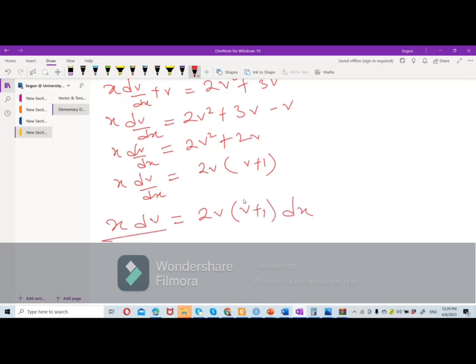So when you divide both sides by x and v times v plus 1, what do we have?